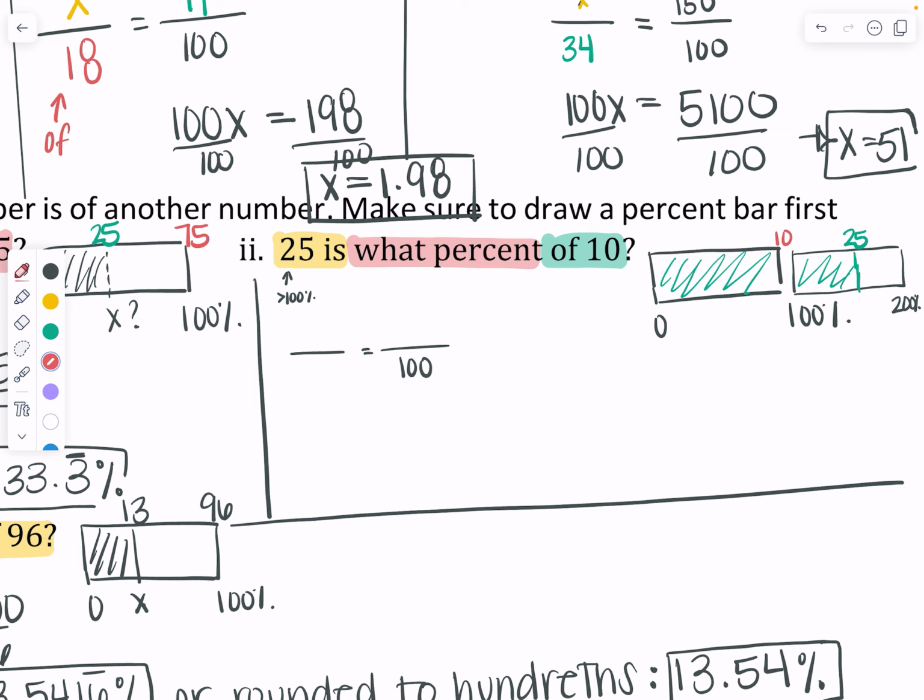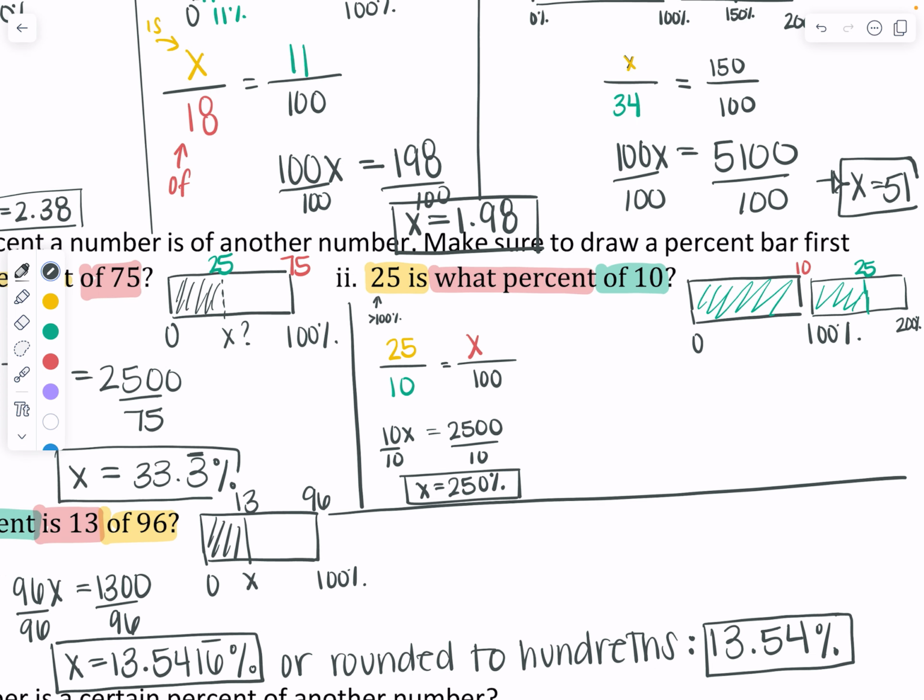And because 25 is larger than that, I know that I'm going to be greater than 100%. I don't know exactly what, and so I'm going to solve the proportion, and then I'm going to go back and tweak my percent bars if I need to. So "is" over "of", 25 over 10 is what percent, or X over 100. So I'm going to cross multiply and get 10X equals 2500. Divide by 10, and get X equals 250%.